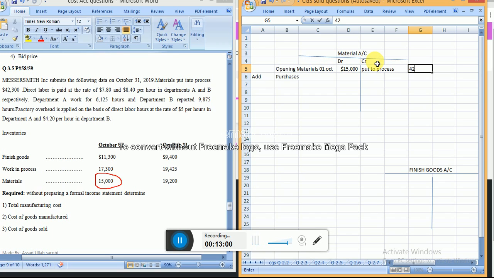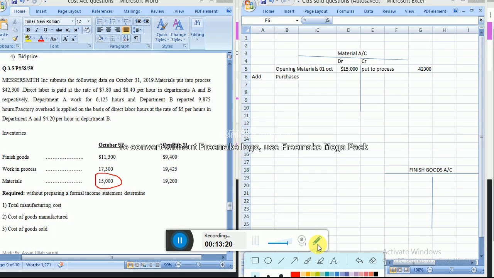$42,300 material we put into the process according to the question. Okay, today is 31st of October, and 31st of October shows that the 19,200 materials is not used in the process.